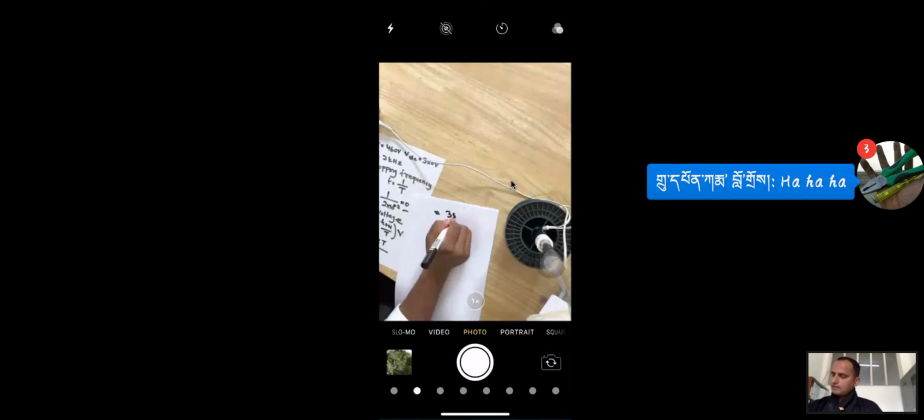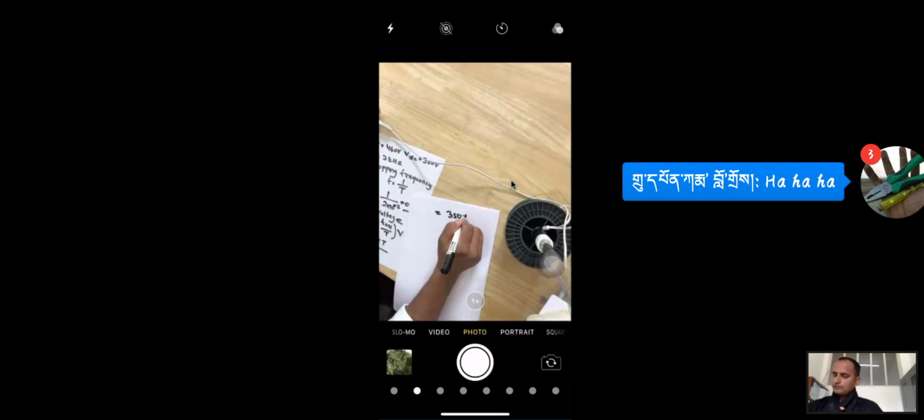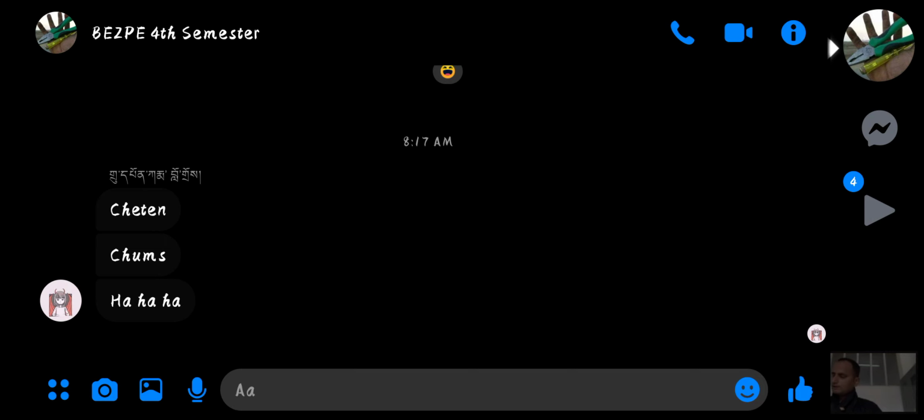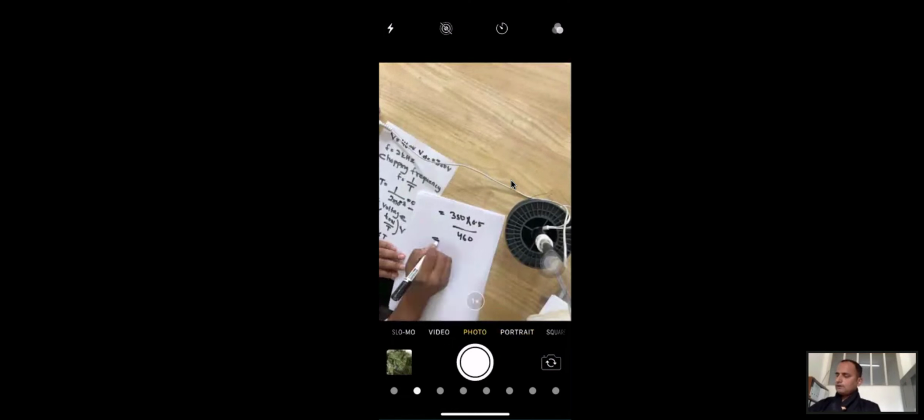We know VDC equals 350. Total time T equals 0.5, divided by V, which is 460. This is a step down chopper, right?